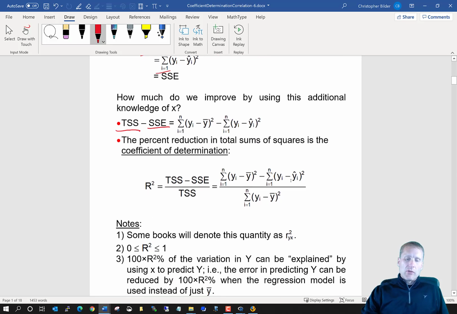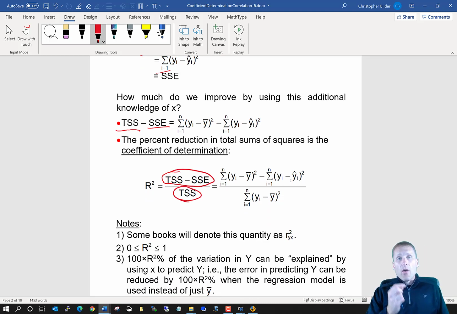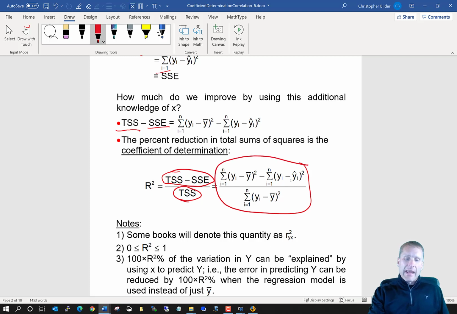So we look at the total sums of squares minus the sum of squared errors, divided by the total sums of squares. In other words, what is the percentage reduction in the total sums of squares when we now use x to help predict y? This is what we call our coefficient of determination, or R squared.